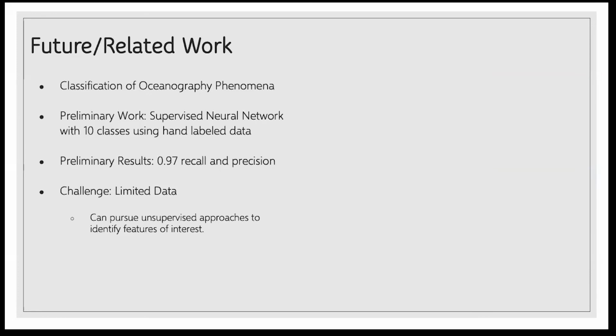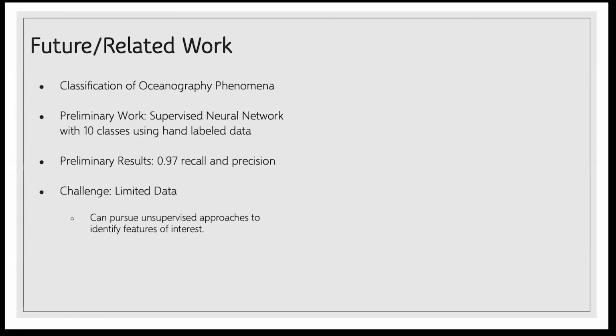In terms of future and related work with regards to SAR image data, if we recall from the first few slides, we saw that we have such high resolution images. From these images, we can extract lots of different properties, not only significant wave heights.